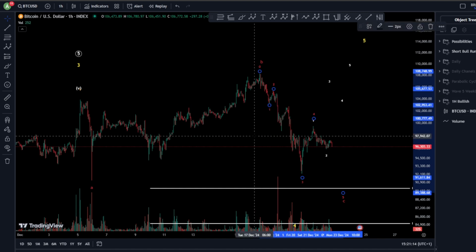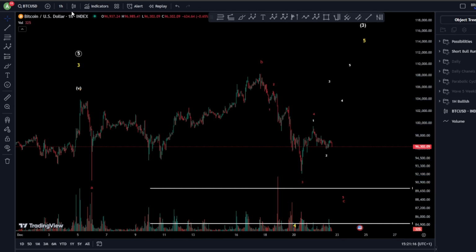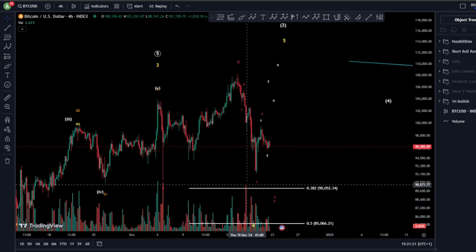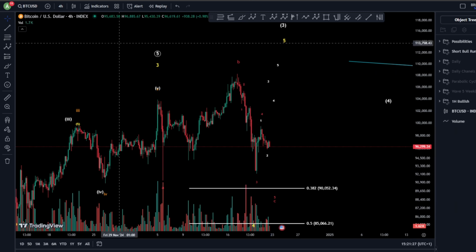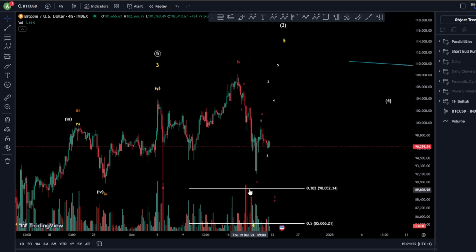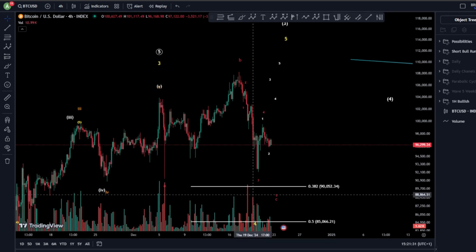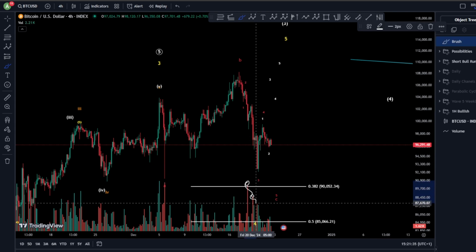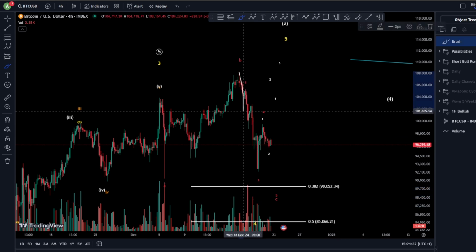Another possibility, if we go on the 4 hour chart, is that even this might be your wave 3. But knowing that the diagonal is also very clear here with the volume, where you see the volume moving towards the downside 1, 2, and 3 times for each wave.